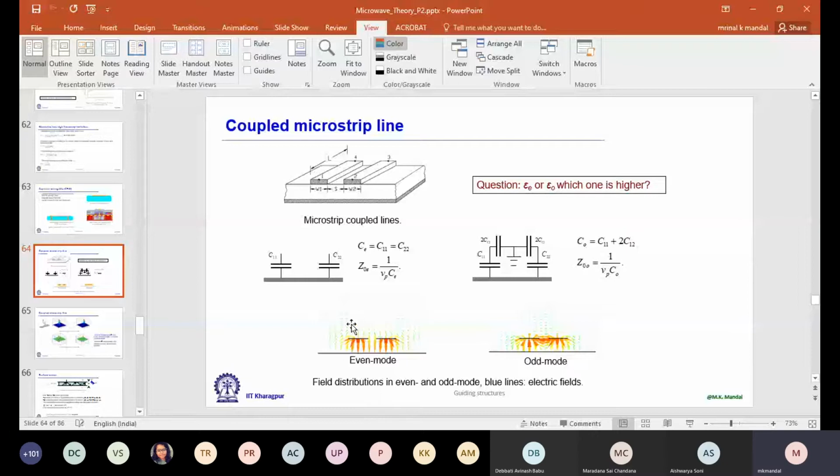Then this same length, 1 centimeter at the same frequency of 10 gigahertz, will represent a length less than lambda G in the odd mode. Why? Because here epsilon E is less. Now lambda G is equal to lambda naught by root epsilon. If I can increase the effective path for the odd mode and make it equal to the even mode, then that dispersion effect is gone. So I follow that logic, and then we come to the first solution.